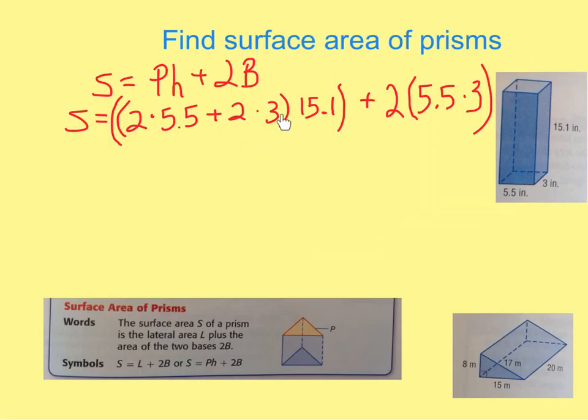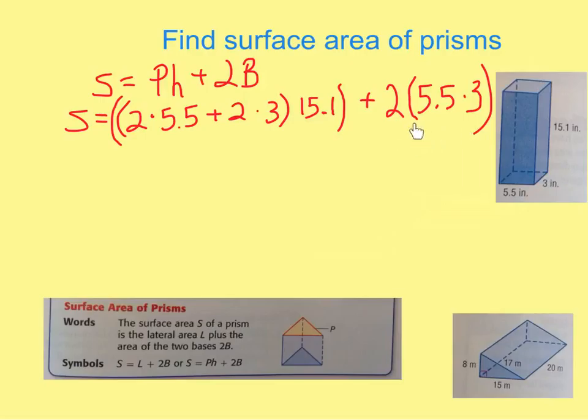That's going to give me my perimeter of my base. And then I'm going to times that by the height of 15.1. So this is how I show that. I'm going to do this first because that's in the first set of parentheses. And then once I solve that, I'm going to do the second set of parentheses.